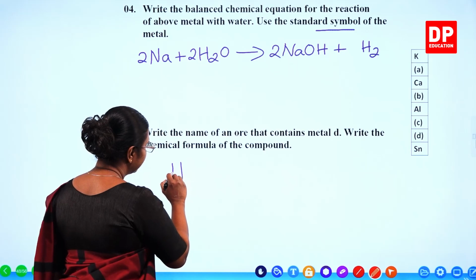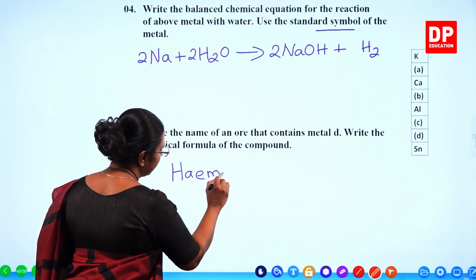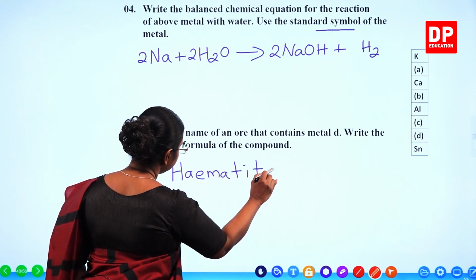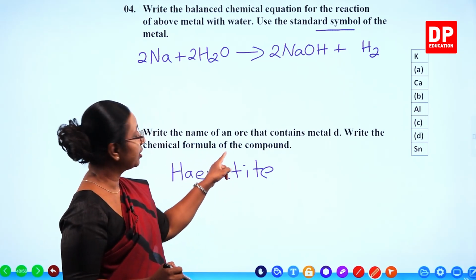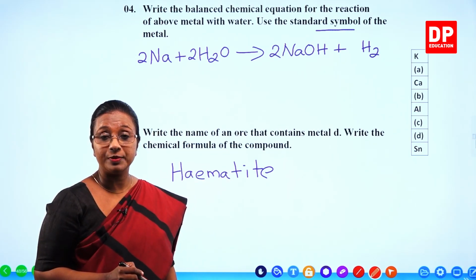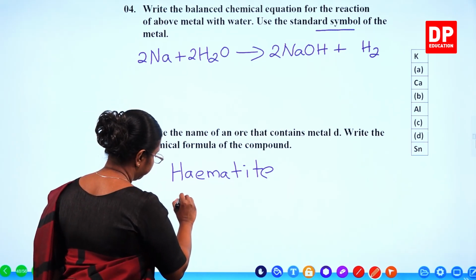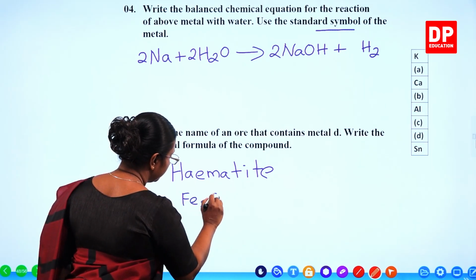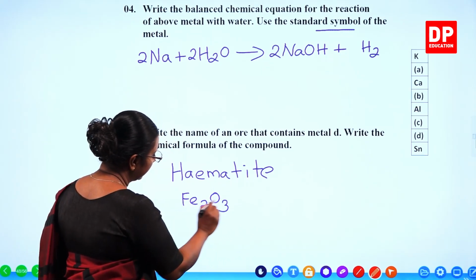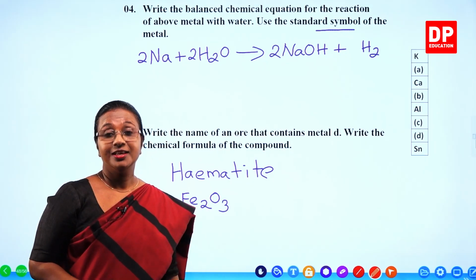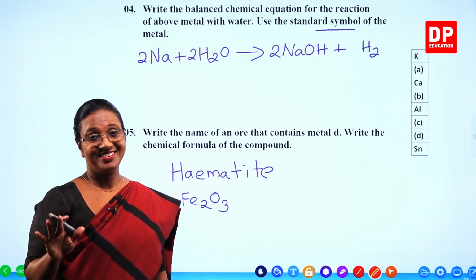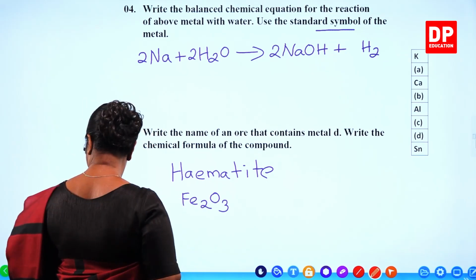So, hematite is the name of the ore. Hematite, and they want us to write the chemical formula. Chemical formula is Fe2O3. So, hematite Fe2O3. Is that okay, students? So, then the next slide.